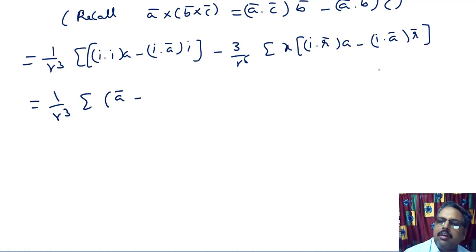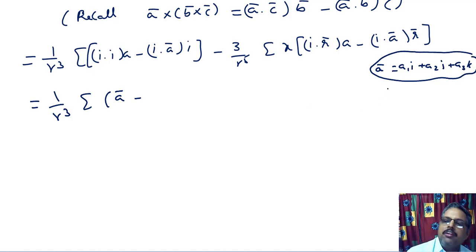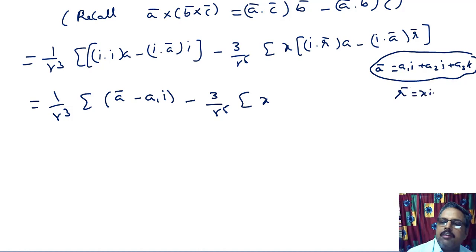What is a bar? A bar equals a1 i plus a2 j plus a3 k. So the dot product with i is nothing but a1 into i. Okay, minus 3 by r power 5 into sigma x into i dot r bar. What is r bar? x i plus y j plus z k. So using this formula, i dot r bar equals x.